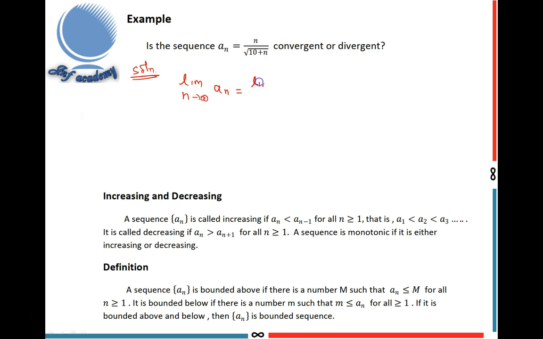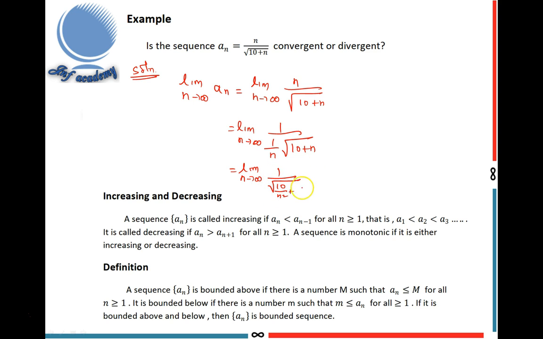Okay, limit n tends to infinity of n by root of 10 plus n. I write this n as 1 by n into root of 10 plus n. I take the 1 by n into the square root, and I get 1 by root of 10 by n square plus n by n square.